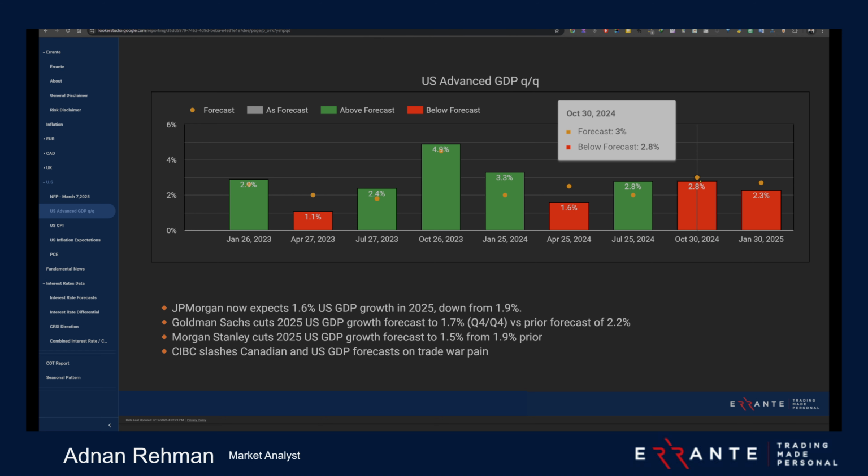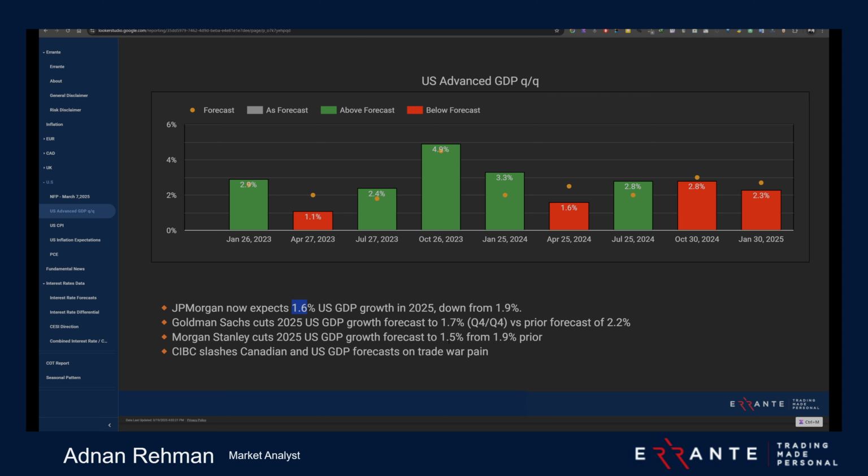The thing doesn't end over here. What happened latest is that JP Morgan, Goldman, Morgan Stanley and CIBC have all downgraded the forecast to 1.5% or 1.6%. Now it's on 2.3.